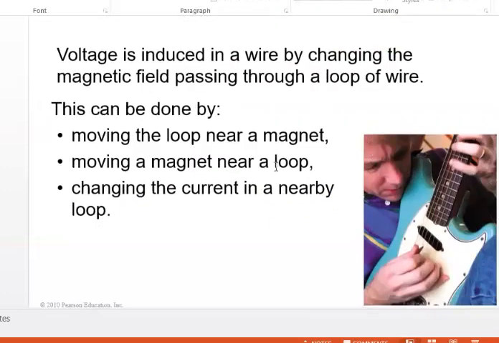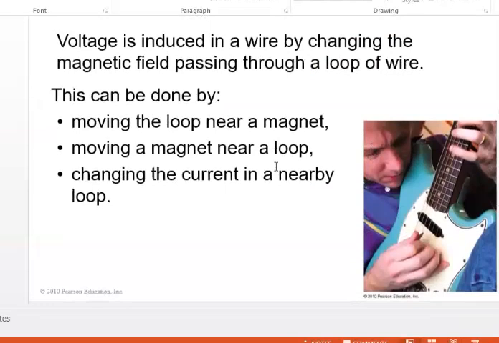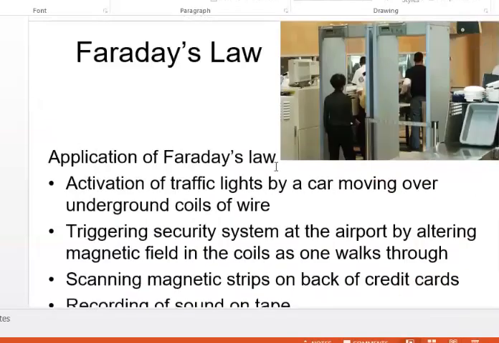So now come to the point, applications of Faraday's law of electromagnetic induction. You see, activation of traffic lights by a car moving over underground coils of wire. There is an underground coil.